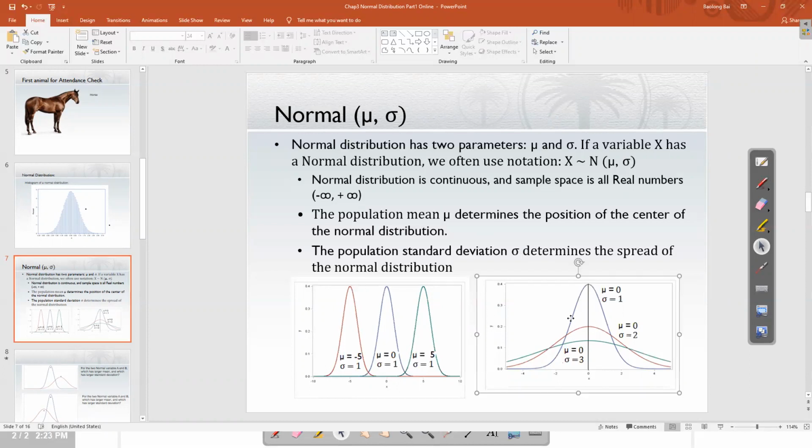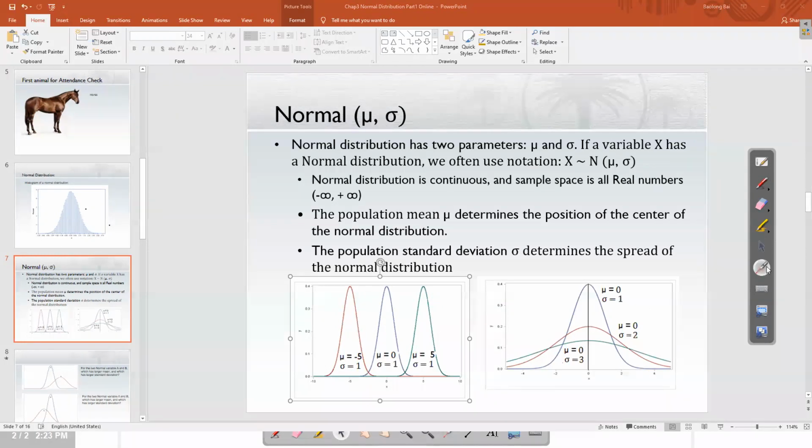So we have two sets of graphs here. For the first set, we have three normal density curves. The population mean will change from -5 to 0 to 5. If you look carefully and draw a line at the center, it will point directly to the mark -5 here, this one points to 0 on the axis, and this will point to +5 on the x-axis.